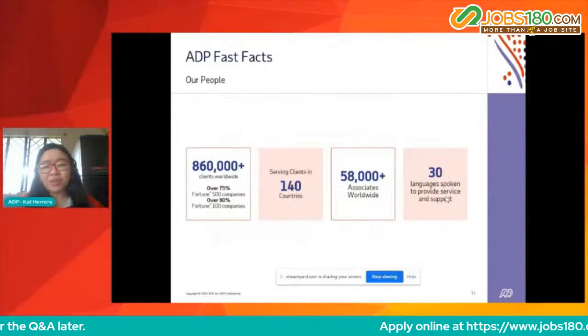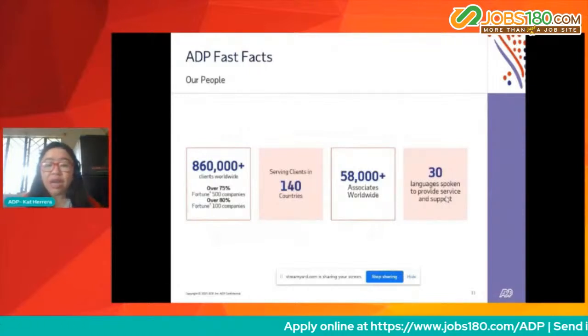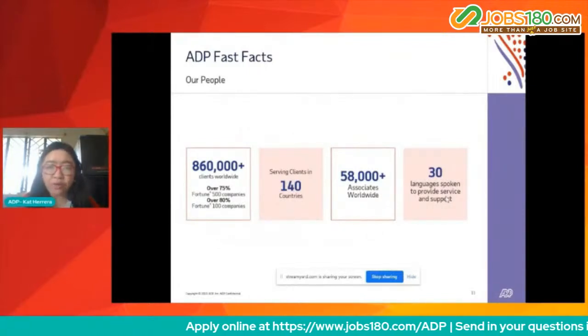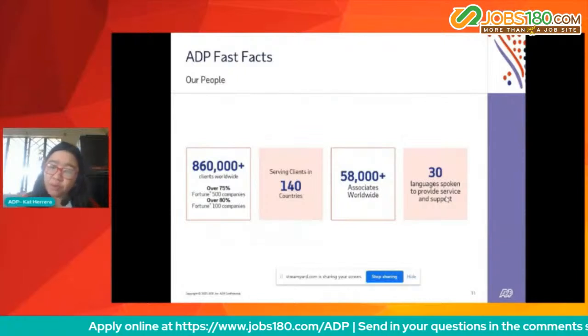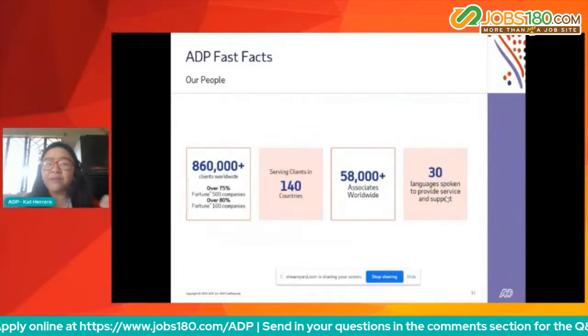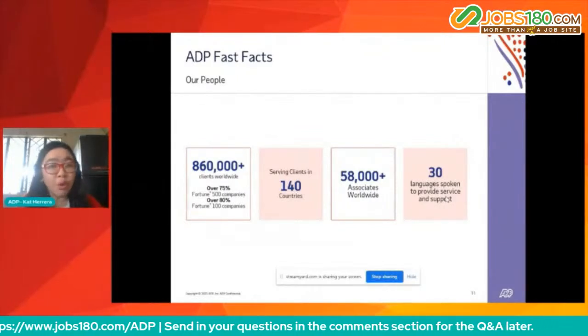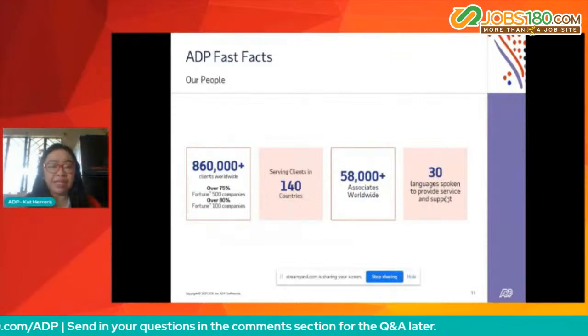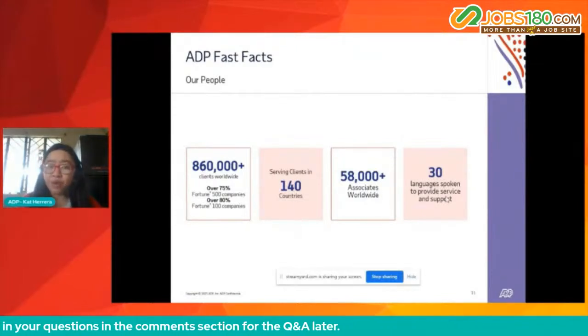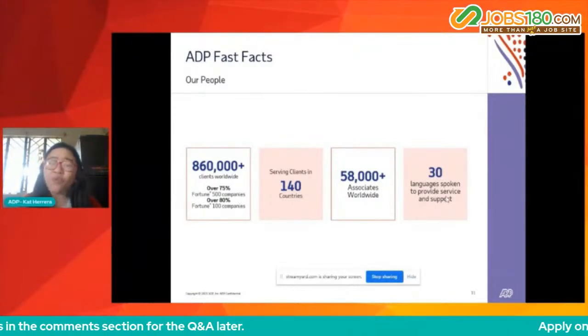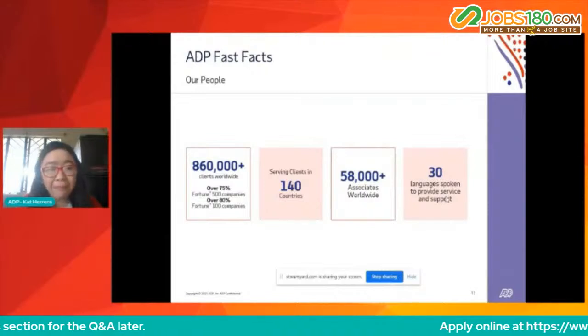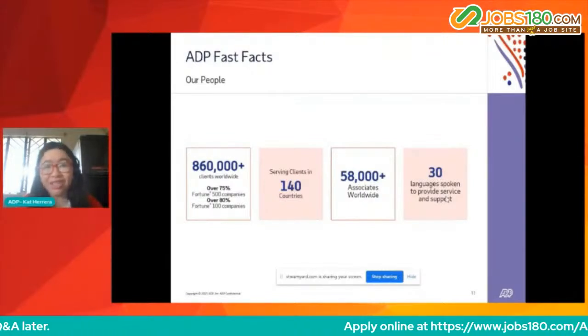We have over 860,000 clients worldwide, and over 75% of those clients are Fortune 500 companies. I'm sure that you know what Fortune 500 is. But not only do we have Fortune 500 clients, over 80% of them are Fortune 100 companies.